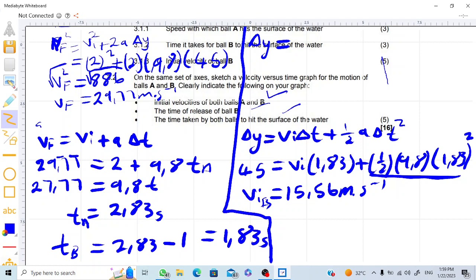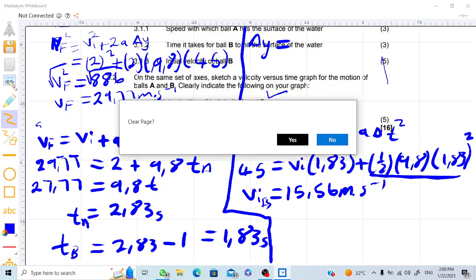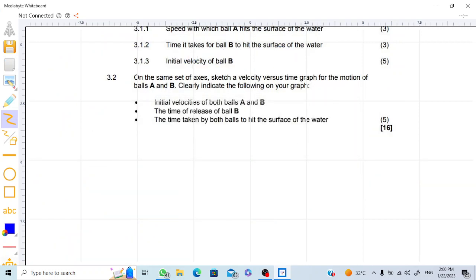Okay, now let us draw the graph, and this is a very important skill that you need, guys. Now drawing the graph, you obviously need the title, velocity time graph.